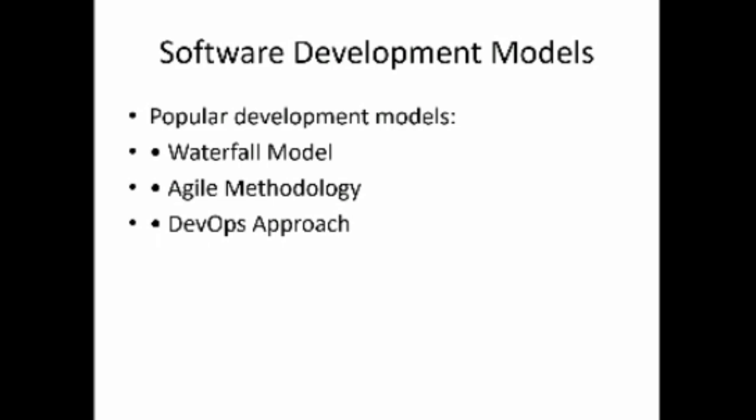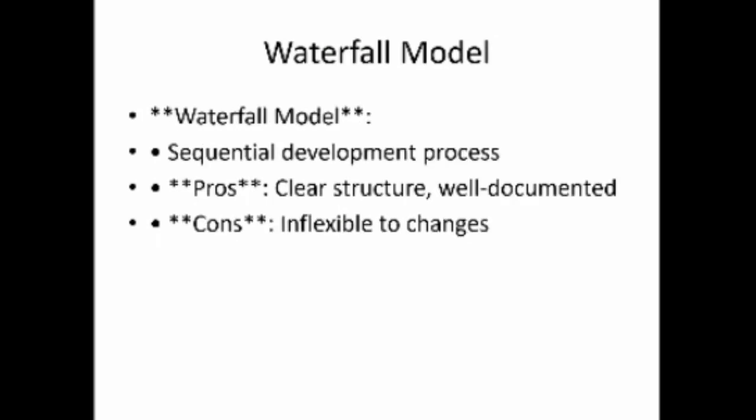Software development models. The software development models involve waterfall model, agile methodology, DevOps approach, etc. And the prototype model is also there, which is more efficient than the waterfall model. First, waterfall model. The waterfall model is a sequential development process. Its pros are clear structure, well documented. Its cons are inflexible to changes.